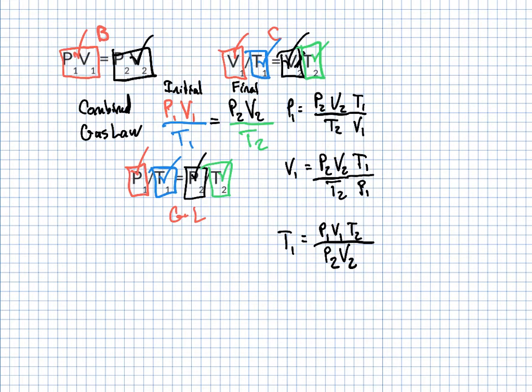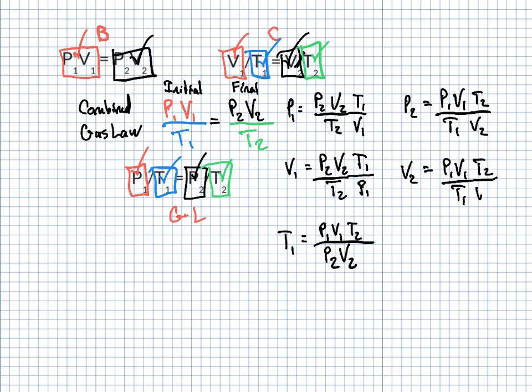Okay, and then if I'm trying to get P2, very similar, P1 V1 over T1. Let's see here, the T2 was in the denominator, so now in the numerator. The V2 was in the numerator, now in the denominator. Same thing, V2, we've got P1 V1 over T1. T2 in the denominator, so we now put it in the numerator.